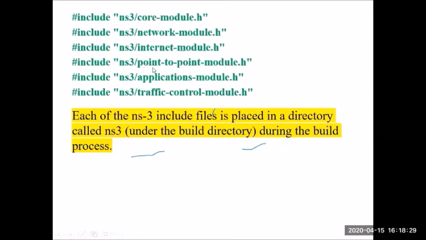Next, since I'm using a point-to-point connection between different nodes, a point-to-point channel, there is a header file called point-to-point module. I'll include that. For any applications to be implemented, we have to include the applications module. And for traffic to be generated, I want to generate some traffic, control the flow of packets, I have to put a traffic control module in the headers.